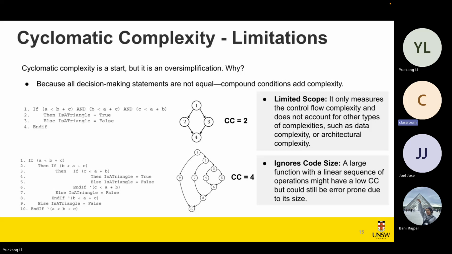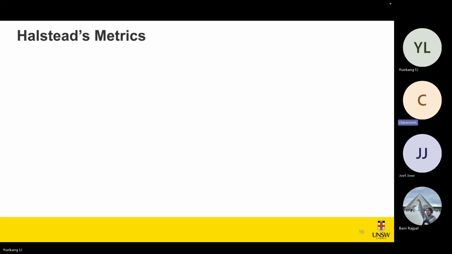This big function has a very low cyclomatic complexity, right? Because of the lack of branches, but it could be very, very buggy. So the second limitation of cyclomatic complexity is that it ignores the size of the code. That's why we need some other metrics to measure the unit level of code complexity.